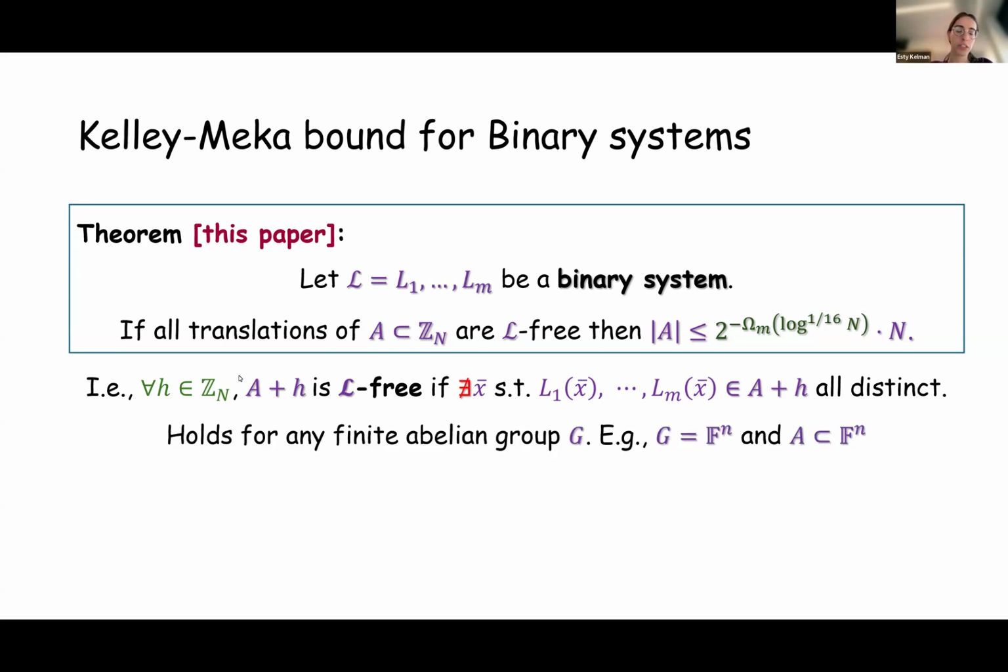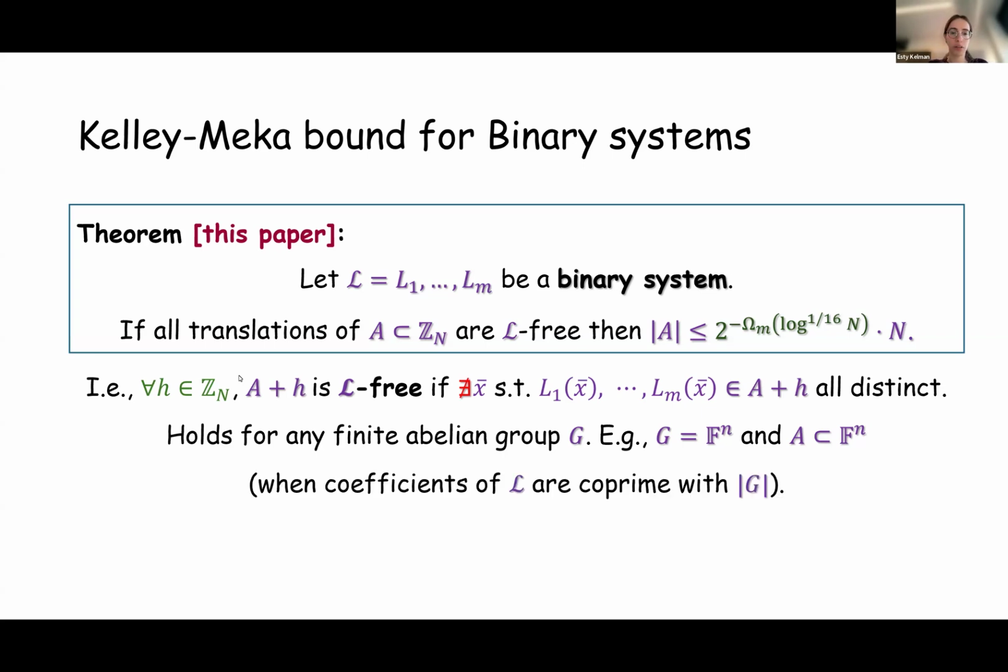Another thing that should be mentioned is that this theorem holds for any finite abelian group, in particular for vector spaces. And in these settings, for 3AP, we know much better, but for general binary systems, the methods for 3AP are not clear how to generalize, and our bound is the best known.